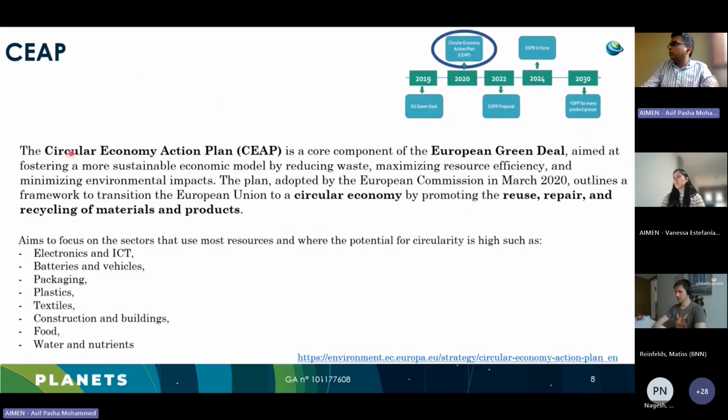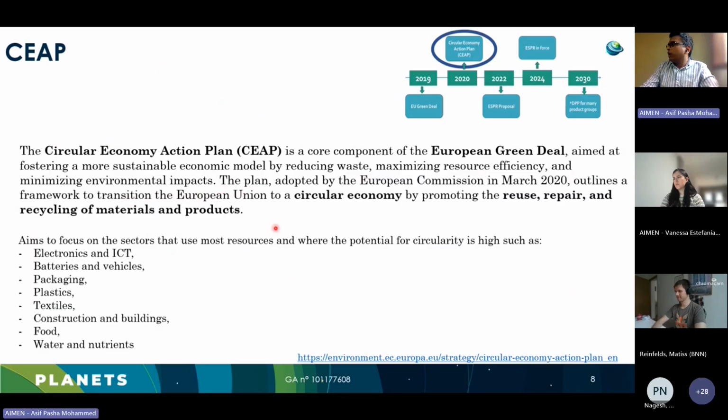And then in 2020, we have the Circular Economy Action Plan, which is also a core component of the European Green Deal, which was in 2019, aiming at a more sustainable economic model by reducing waste, maximizing resource efficiency, and minimizing environmental impacts.